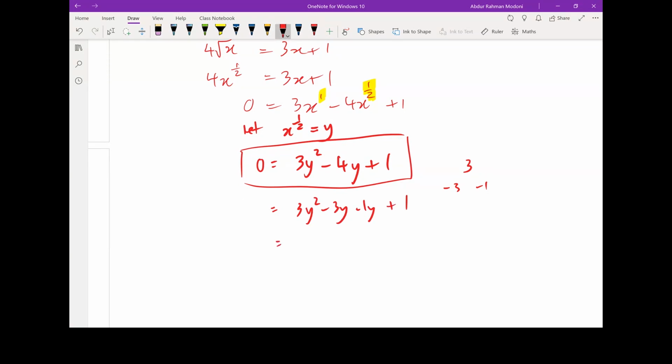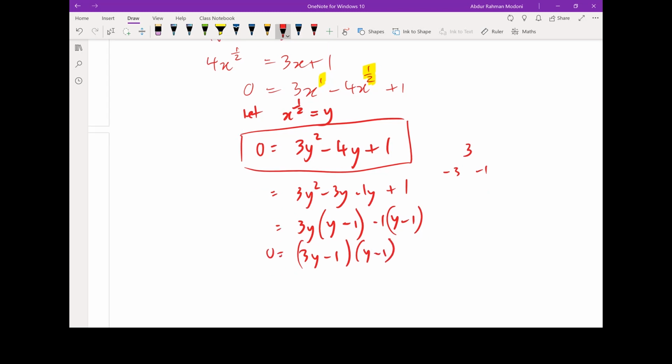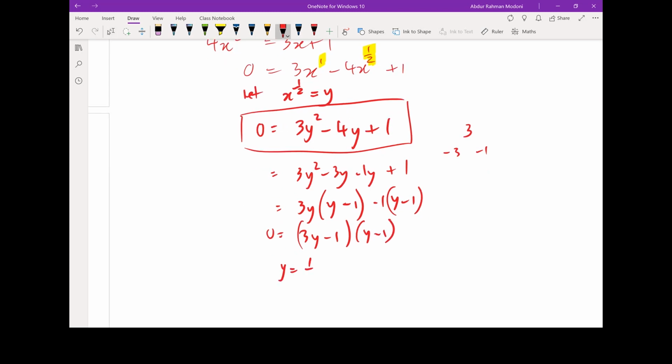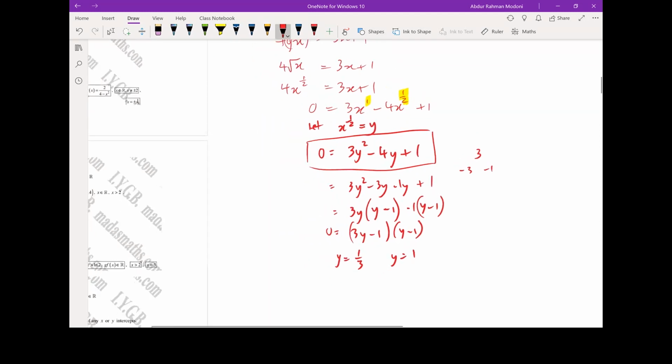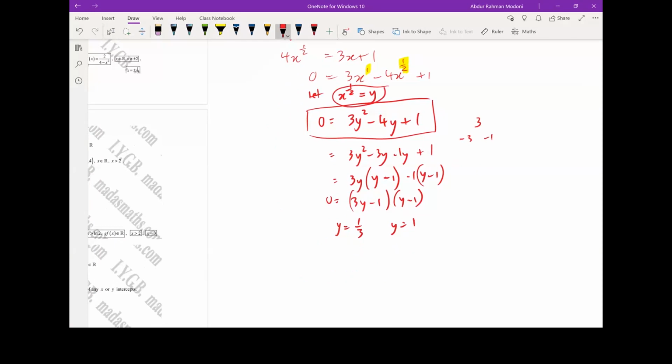So I end up with 3y, y minus 1, and then y minus 1 here as well, minus 1. So I've got 3y minus 1 and y minus 1. That means y is equal to a third and y is equal to 1. But then go and find values of x, because y was something that we introduced.